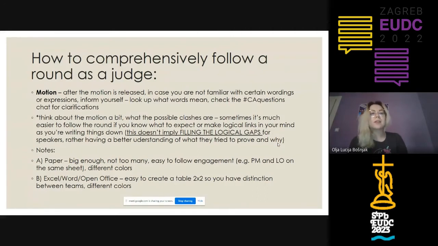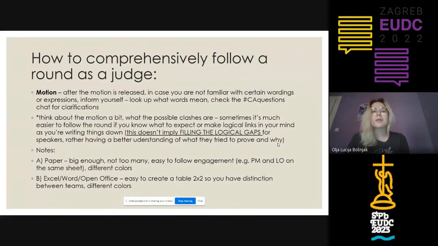The second thing I put in, which is probably a personal preference of judges, is that it helps, especially when we are quite new to judging, to think about the motion in terms of the possible clashes or intuitive arguments from both sides. It builds an image in your mind of what is probably going to happen, or what the baselines of argumentation are going to be.